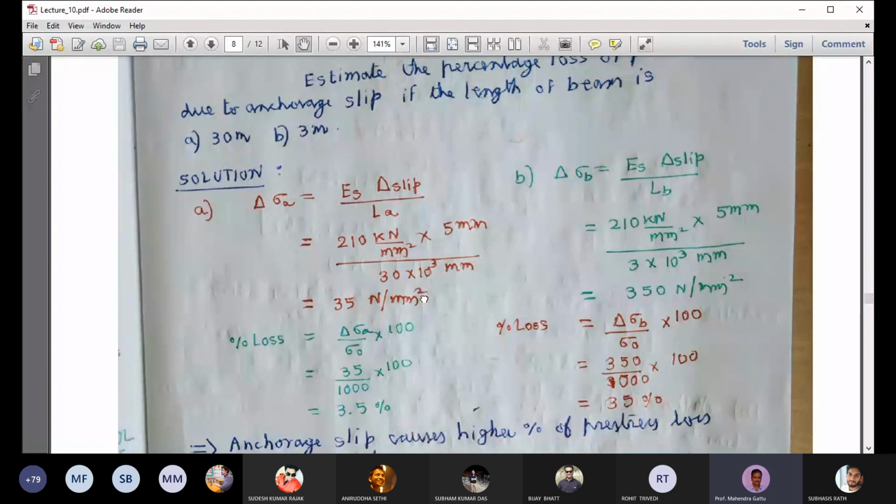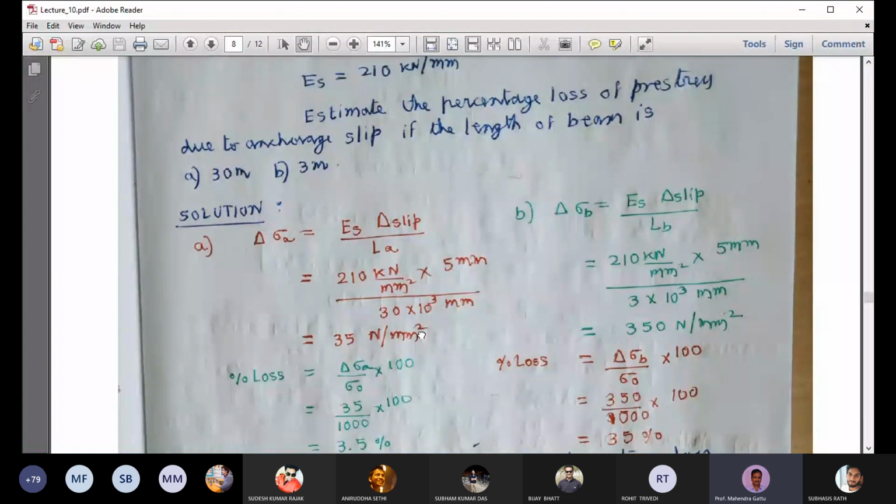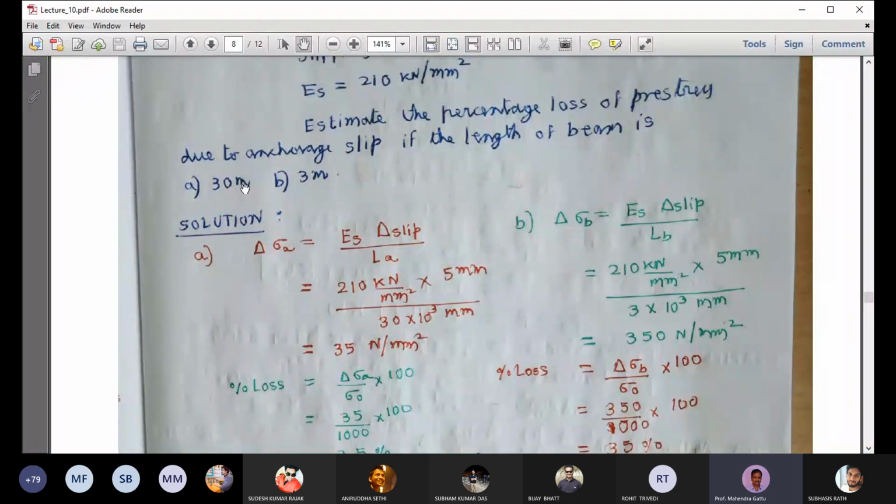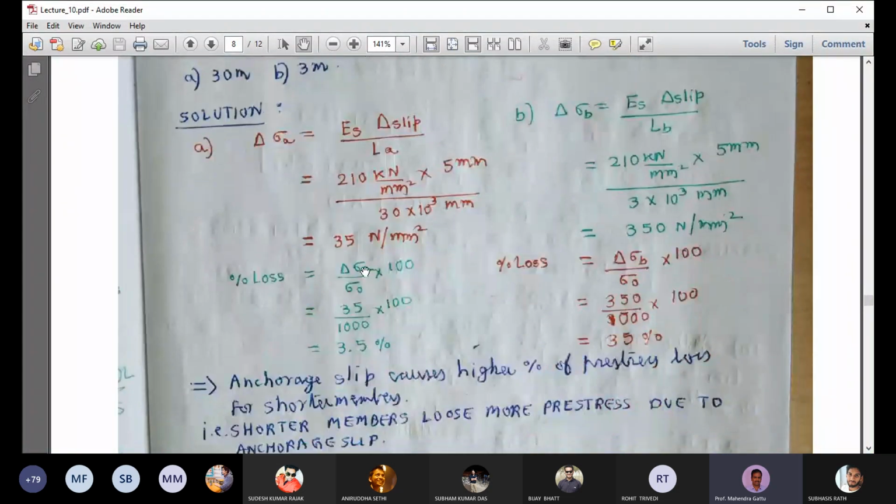So what is the loss in pre-stress due to slip of 5 millimeters? For the 30 meter beam, that will be delta sigma by sigma naught into 100. So sigma naught is 1000 and loss of pre-stress is 35. So we are getting around 3.5% loss in the pre-stress for this 30 meter beam.